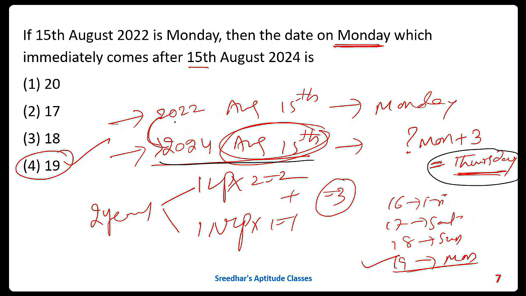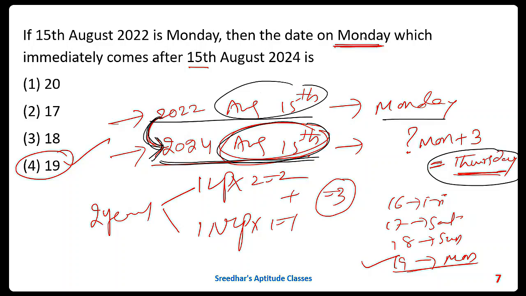See, Sandeep, first of all, they have given 2022 August 15th, which is Monday. It's given. Let us find 2024 August 15th. We are so lucky that the month and date are the same. We just want exactly after 2 years. So I have to travel a 2 years forward journey.